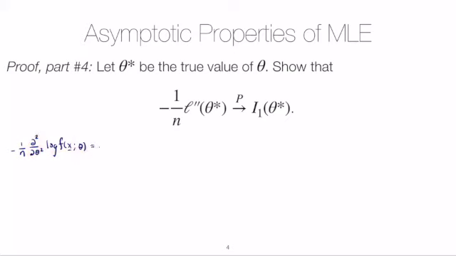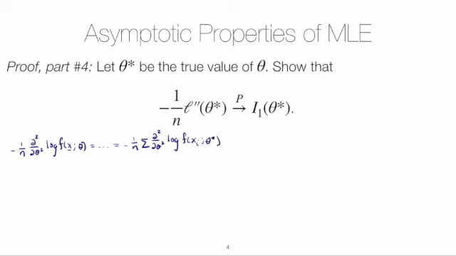So there's a few steps that we're doing together here, but I think you should be able to follow them based on the previous slide. This should be negative 1 over n times the sum of the second derivative with respect to theta of the log of the marginal distribution. We've got to keep our stars here.